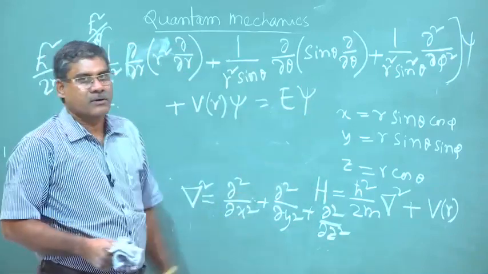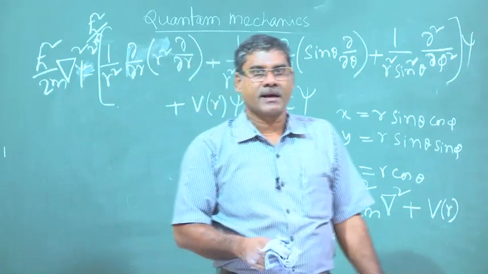This is the Schrodinger equation in spherical polar coordinates.